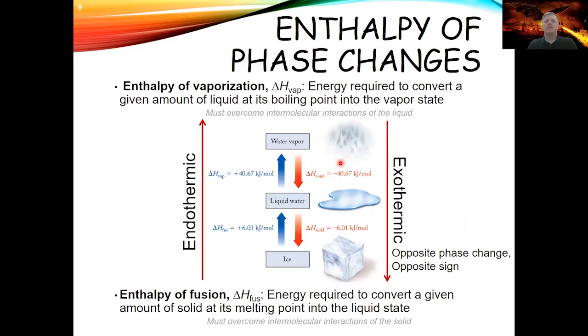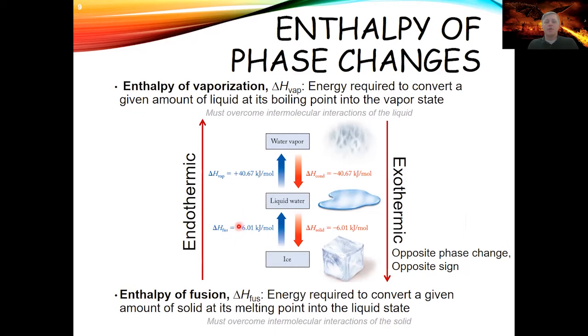The last time we talked a little about these delta H's of transitions too. So if I'm going from liquid water to water vapor, I'm going to have a delta H of vaporization. If I'm going from water vapor to liquid water, I'll have a delta H of condensation. Similarly, if I'm going from ice to liquid water, that would be my delta H of fusion.